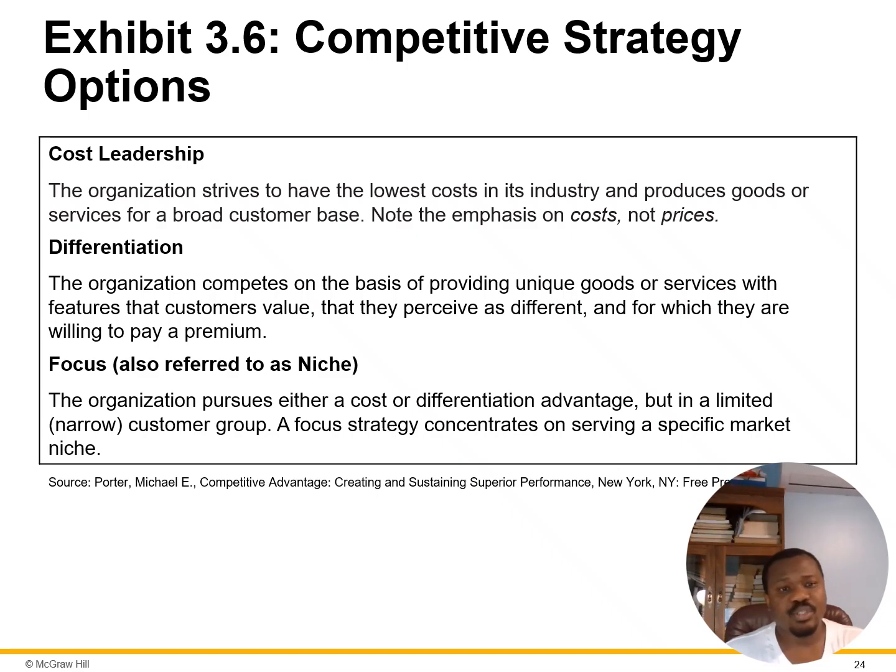We say that the organization competes on the basis of providing unique goods or services with features that customers value, that they perceive as different, and for which they are willing to pay a premium.